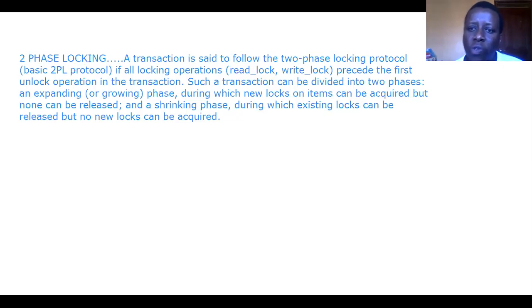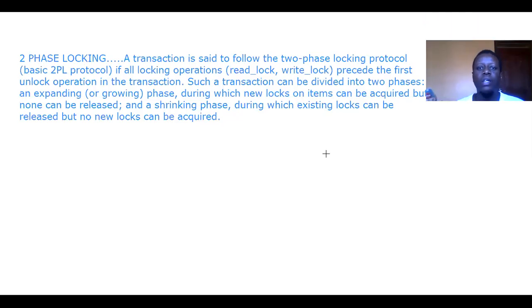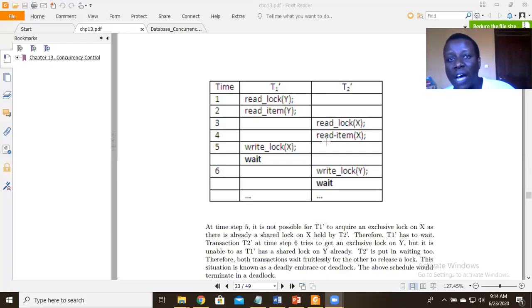Now, one thing we have to ensure is that with two-phase locking, there's an aspect of deadlocks. Deadlocks can happen with 2PL. For example, let me share this screen. This is an example where you'll have deadlock: read item Y, read lock, read item X, write lock X, wait.